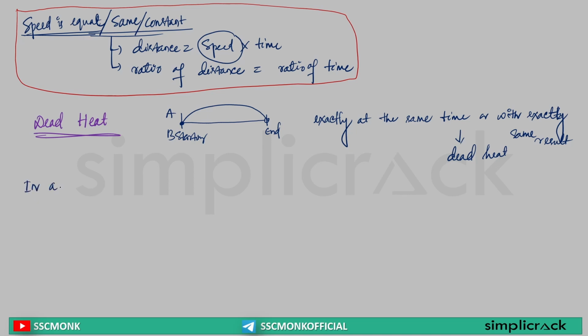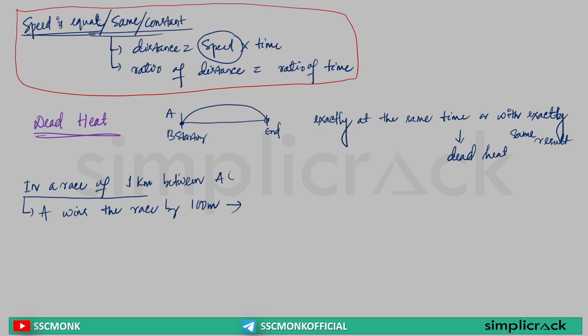Second, for example, in a race of 1 kilometer between A and B, A wins the race by 100 meter.